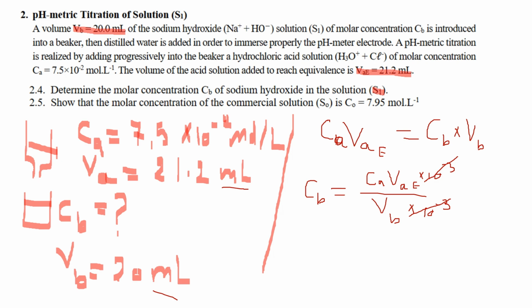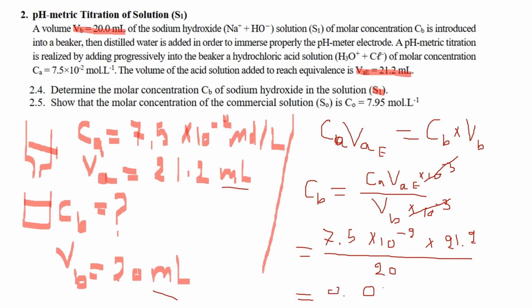Now, CB is equal to 7.5 times 10 power negative 2 multiplied by 21.2 and divided by 20. If you do this calculation, the answer here is equal to 0.0795 mole per liter.